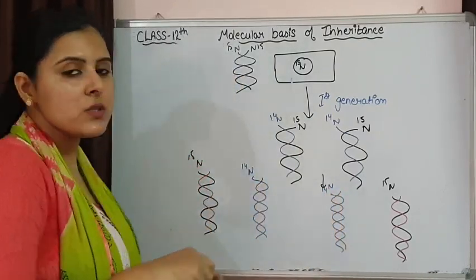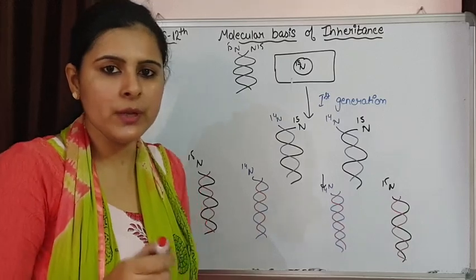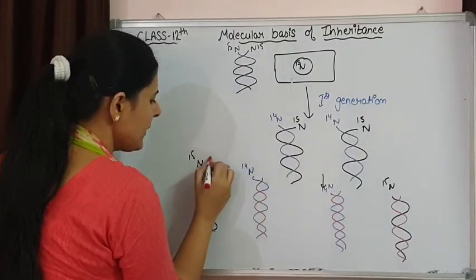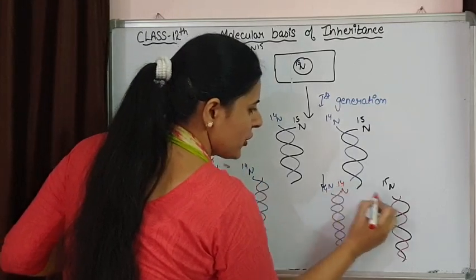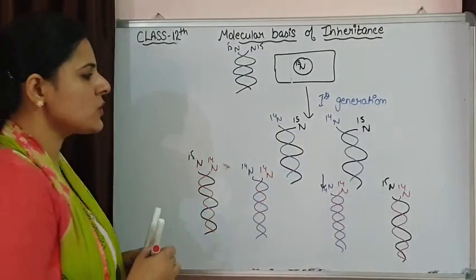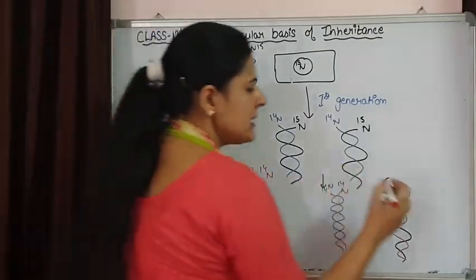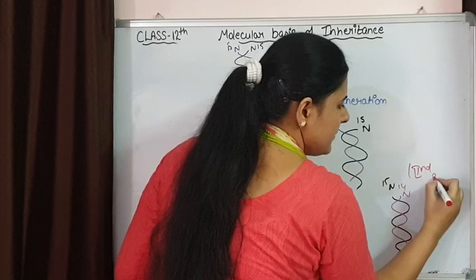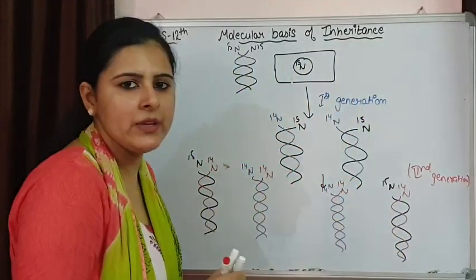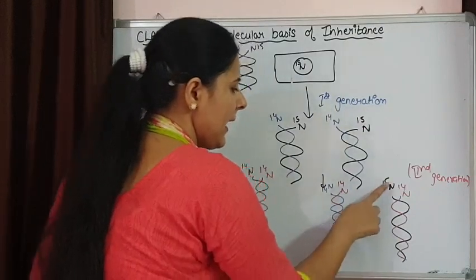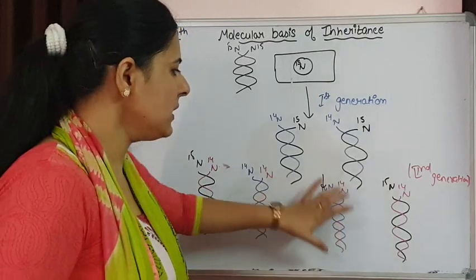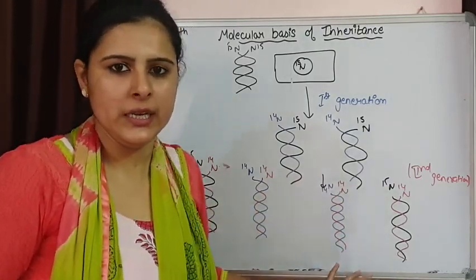And because we were growing the bacteria in normal medium, the new strand that was attached was also N14. So this was what they observed in the second generation: 50% were having the heavy nitrogen and 50% were completely normal, having the N14 nitrogen.